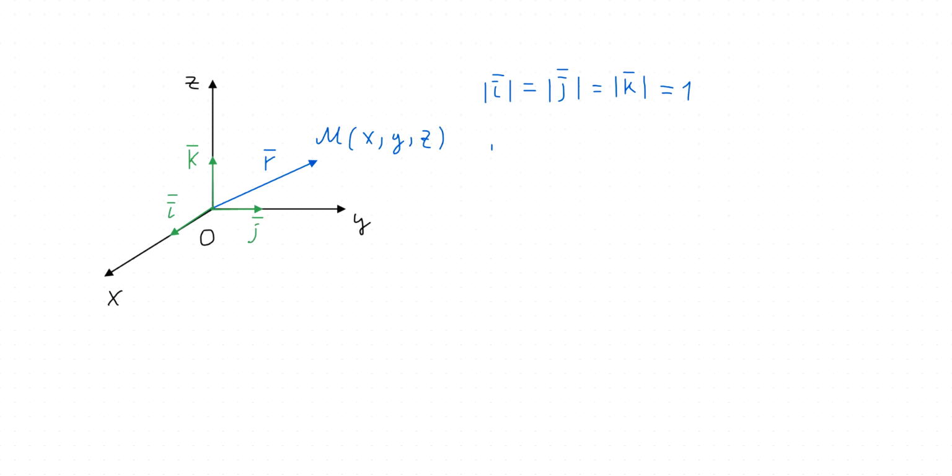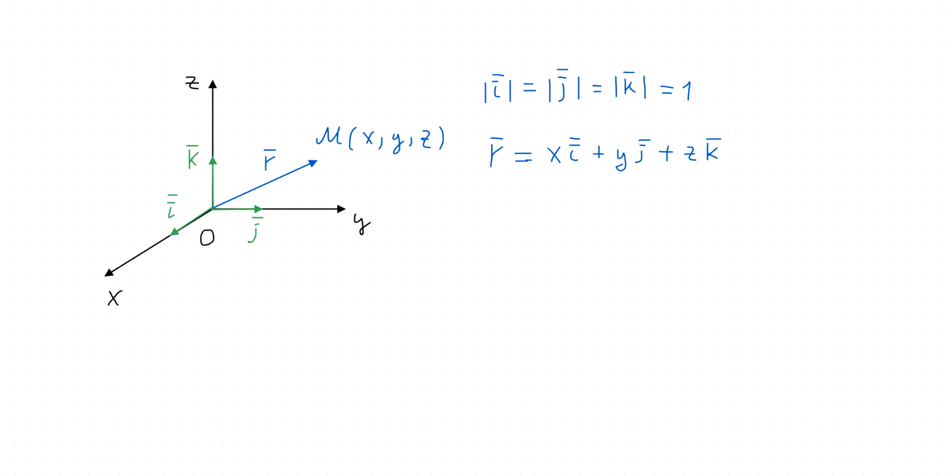So we can write r is equal to xi plus yj plus zk. And sometimes it is necessary to know the absolute value, or modulus, or length of the radius vector.